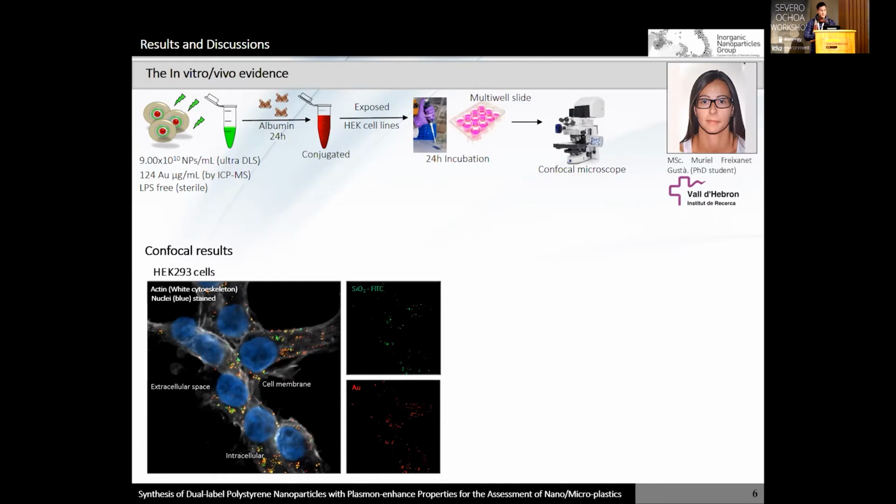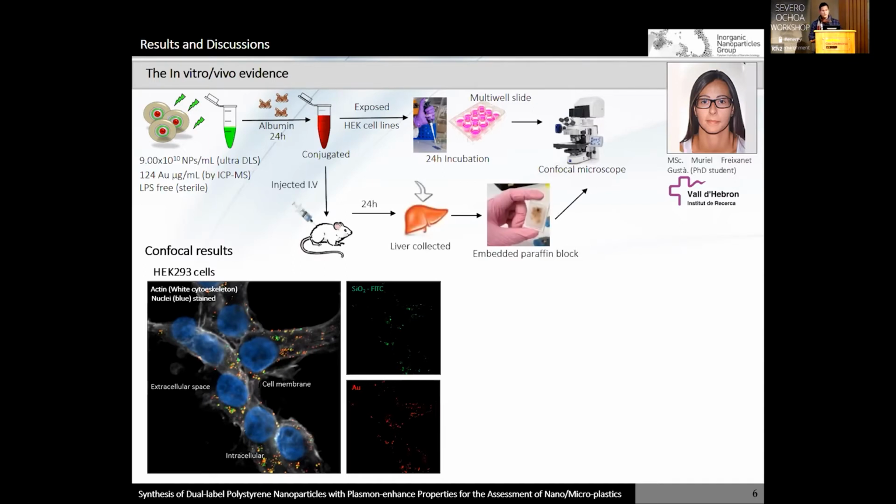In the first image we put the fluorescent mode, and we can see the fluorescence of the dye. Then in the same spot, we change to the reflectance mode, and we see the scattering of the gold particles. So with this, we can clearly say that this signal comes from our particles.